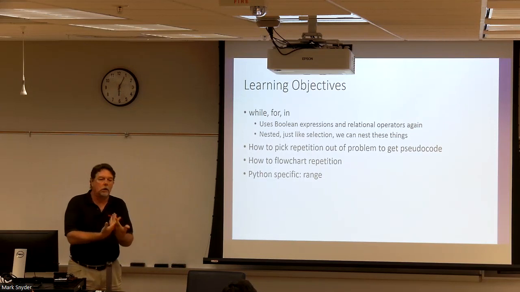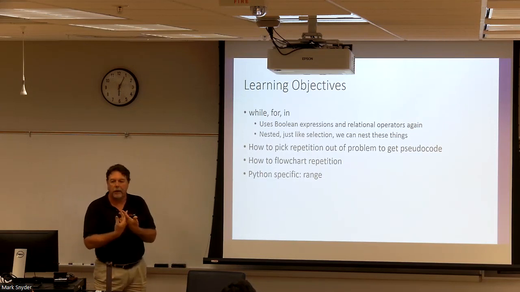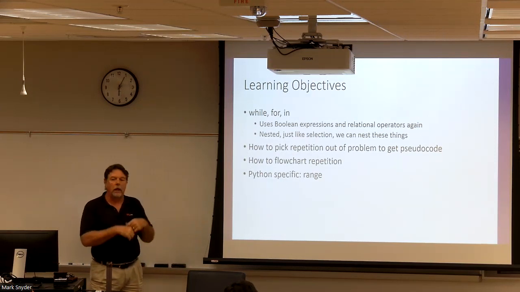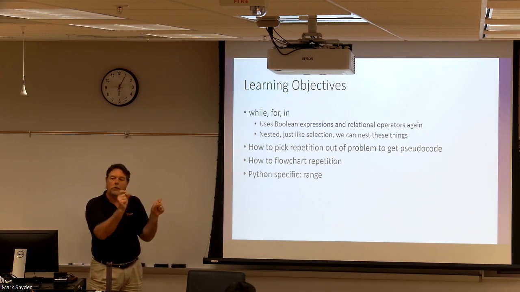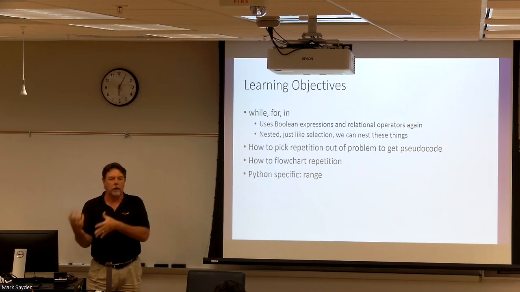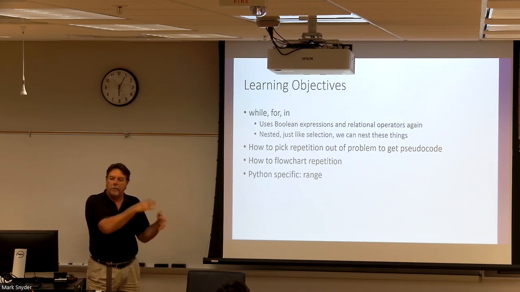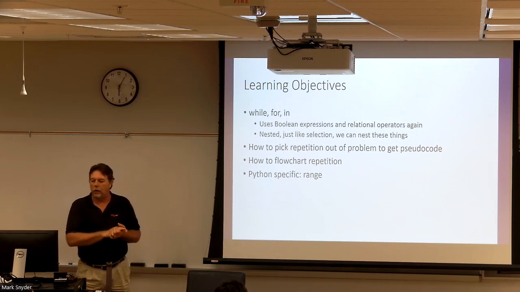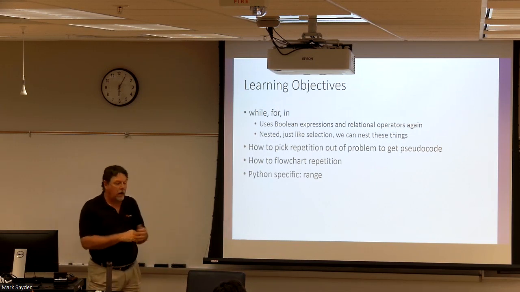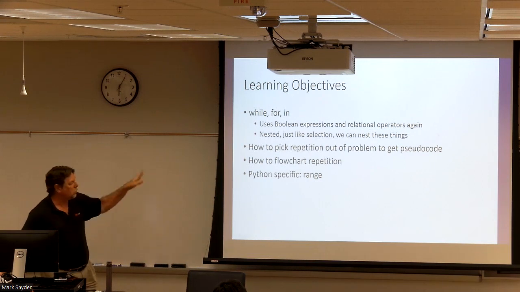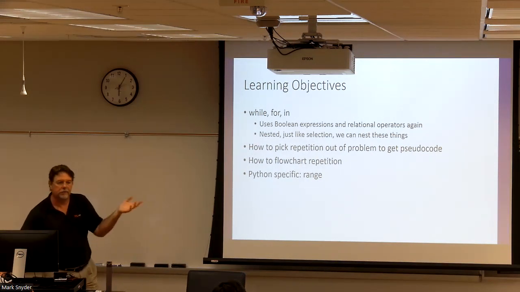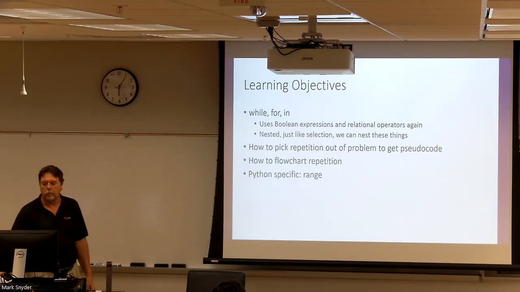In general, out of tonight's lecture, we want to be able to look at a problem, like one of the kinds of problems that we've been assigning, and pick out the parts of it that involve repetition, and then be able to create the pseudocode, create the flowchart, and create the Python that implements that repetition pattern in the problem we're looking at. Then we'll talk about how we flowchart it and how to do Python. Python has range that you can loop over, which is kind of unique to Python. Other languages have similar things, but that's a unique thing to point out in Python, so we'll go over that too.